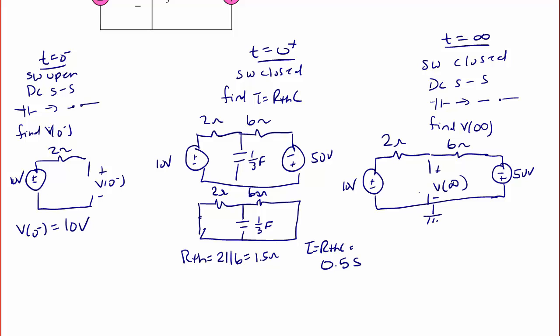And I'm going to use KCL to solve this problem because that node is V of infinity. So I'm going to have V of infinity minus 10 over 2 plus V of infinity minus negative 50 over 6 equals 0. So V of infinity is equal to negative 5 volts.